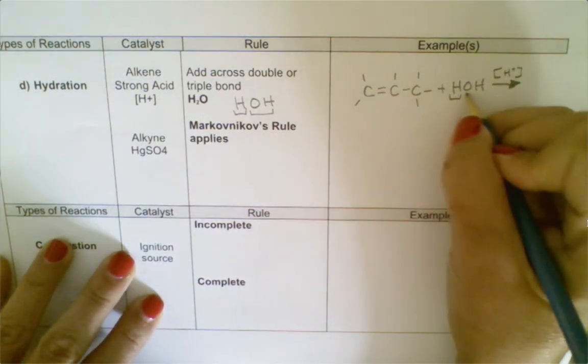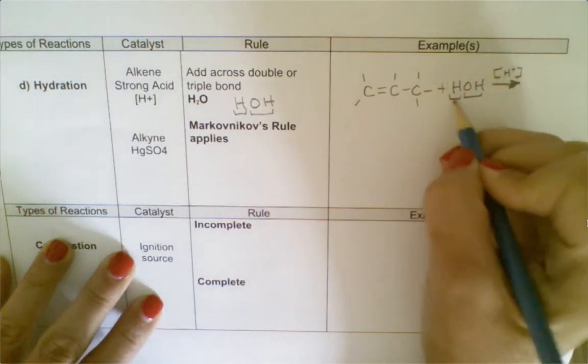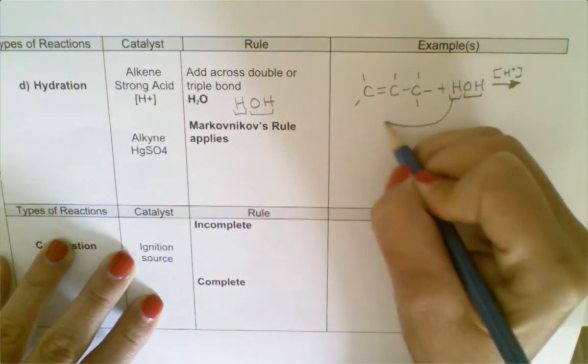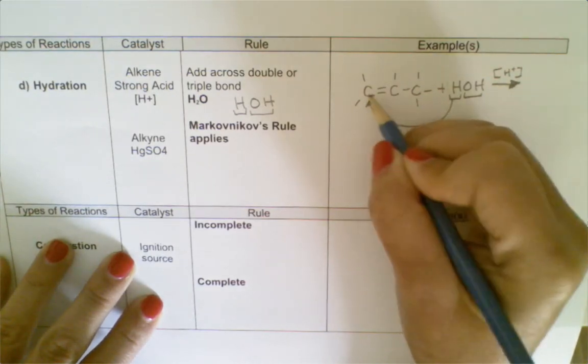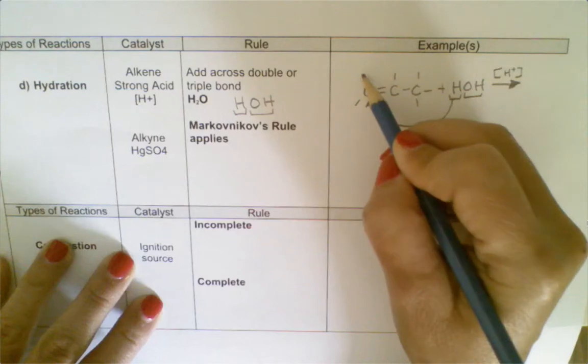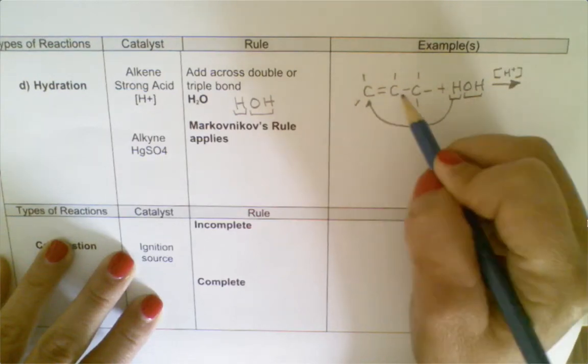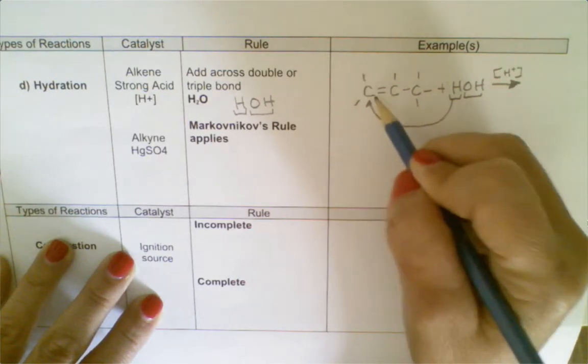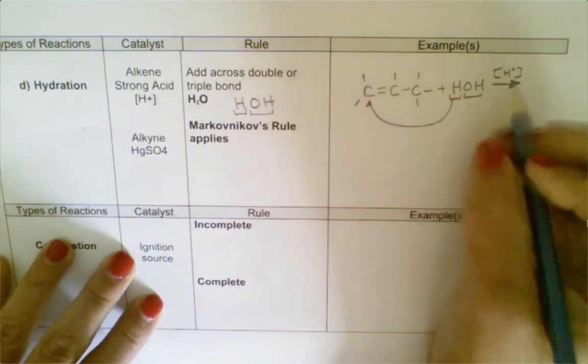What we're going to do is keep in mind Markovnikov's rule. This hydrogen goes to the carbon that has the most hydrogens already attached to it. So in this case, it's going to go to carbon number 1 because this primary carbon has 2 hydrogens attached, whereas this carbon only has 1 hydrogen. So remember Markovnikov's rule, I always keep in mind the rich get richer. What we mean by that is the carbon that's already rich with hydrogens gets richer with hydrogens.